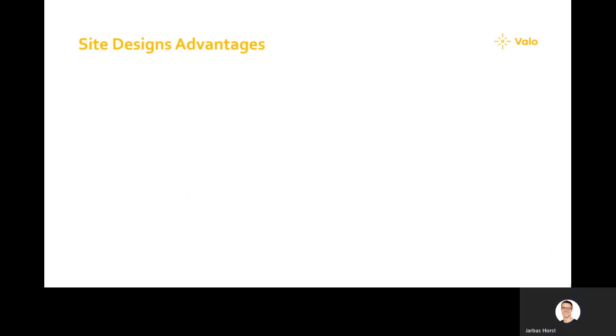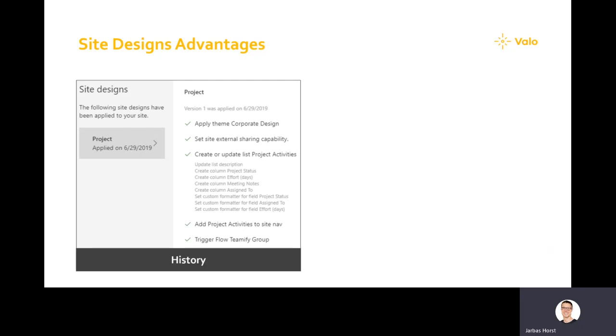All right, what are the advantages of site designs? Because as I said before, we have PnP, we have third-party tools. So what are the advantages here? From my point of view, the history that you have inside the site collection is a big advantage.